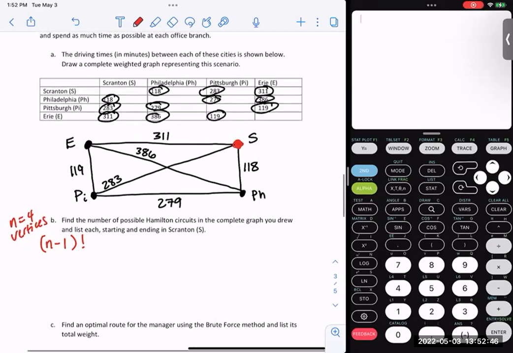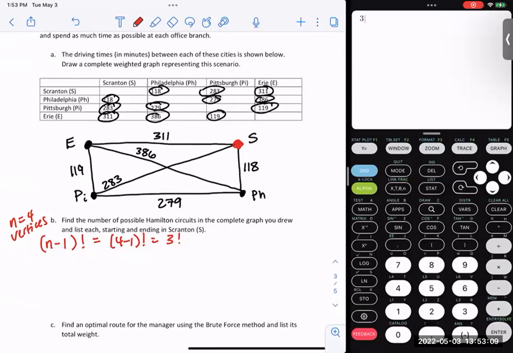So I would use the formula here. This would be 4 minus 1 factorial, 3 factorial. And then you can use the factorial button. So on the TI-30XIIS calculator, you type in the number 3, and then you go to PRV, and then arrow over to factorial, right?